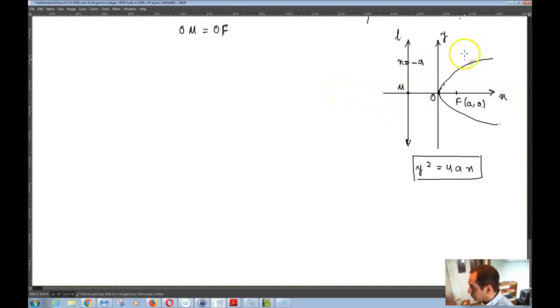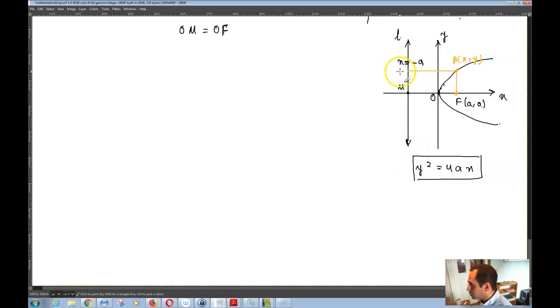Okay, so now you can pick any point on the parabola, for example P, with coordinates (x, y), and by the definition of the parabola, the distance between point P and this point F, which is the focus of the parabola, is equal to the perpendicular distance of point P from the directrix.